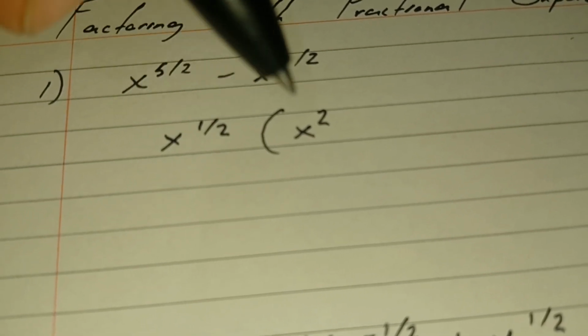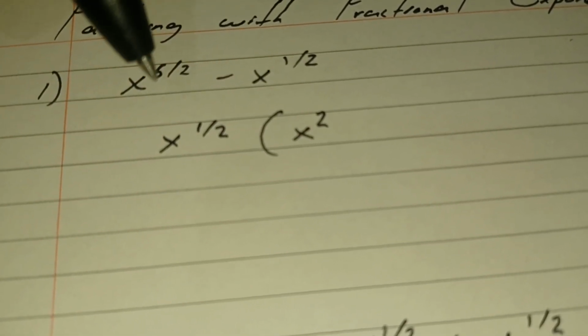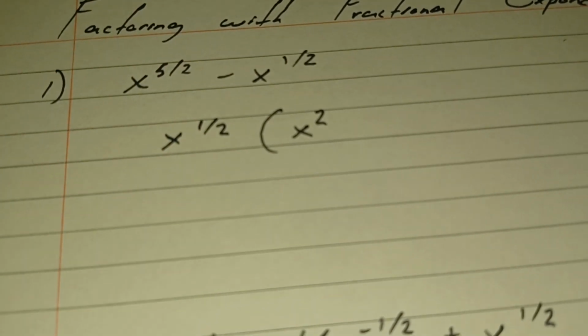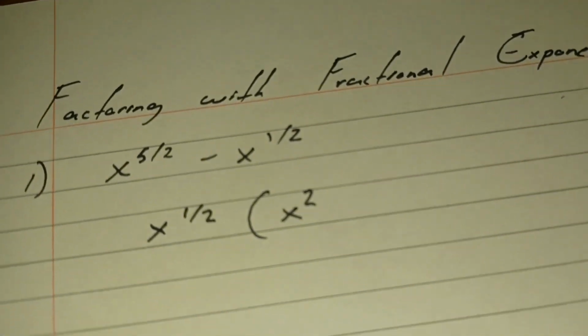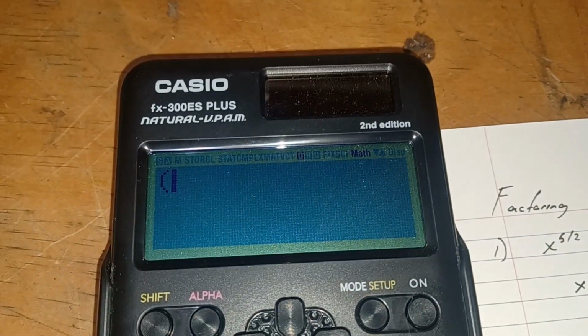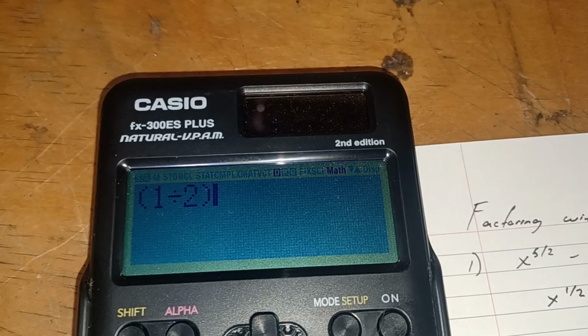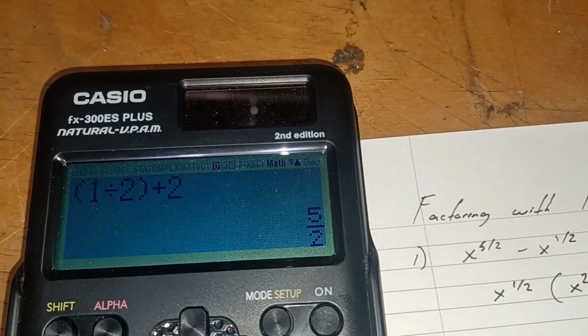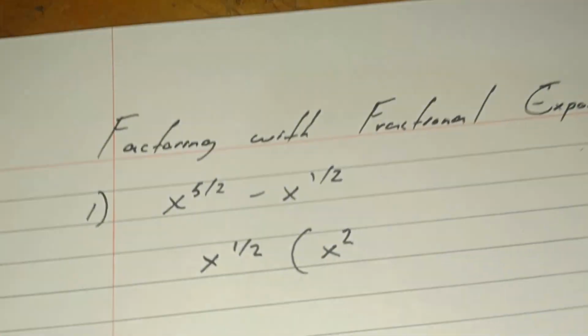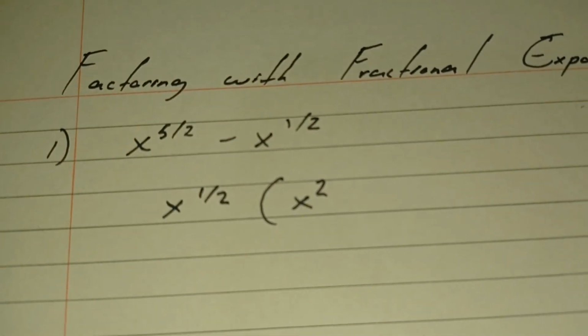If we multiply these two together, we are going to get this. Remember, when we multiply exponents, we add them. So let's confirm it with the calculator. We have 1/2 plus 2, 5 halves, right? 5 halves. So we are on the right track.